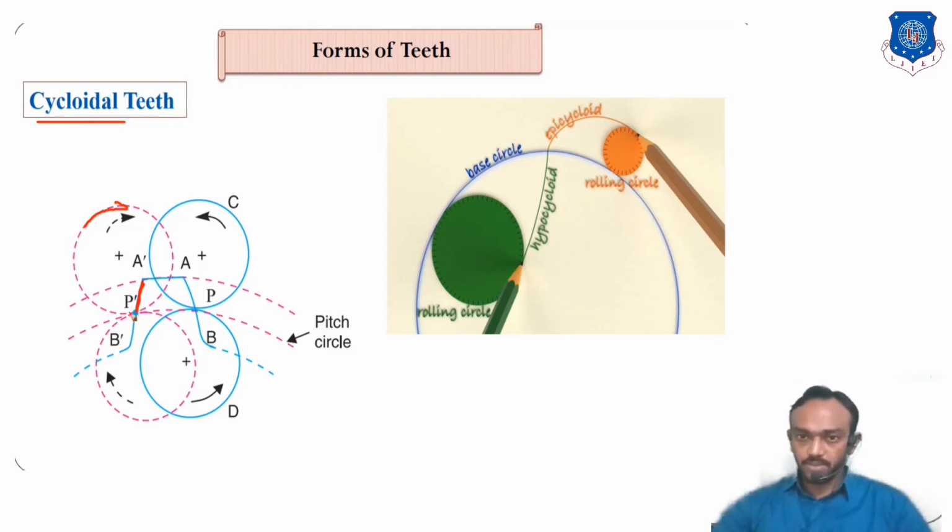Same at the bottom, at the pitch circle, you rotate another circle, and due to that rotation you get this part. At this point, this circle rotates in the opposite direction, and the total curvature is that, but you use only up to this point. So this is epicycloid, and these bottom parts are hypocycloid, and that's how we get the profile for the cycloidal teeth.